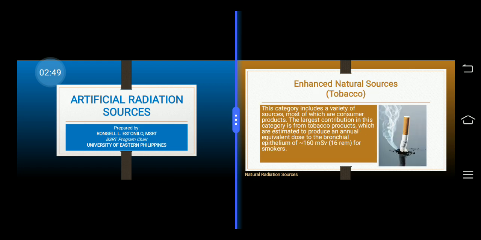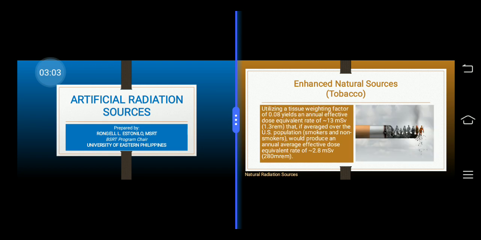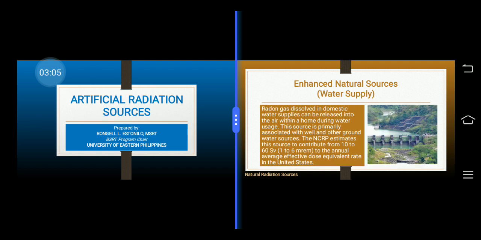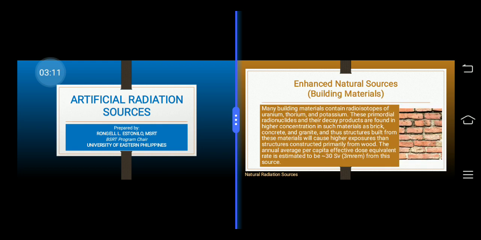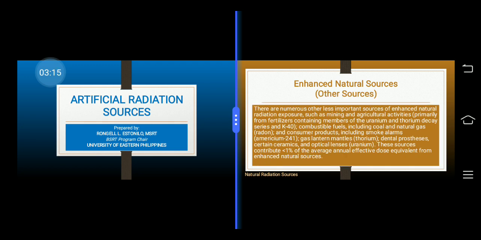Along with that, we also mentioned the different enhanced natural radiation sources. Enhanced because they are natural radiation sources plus there is human intervention. This includes tobacco smoking, the water supply, which includes potassium-40 and radon gas, building materials, and other sources of radiation.